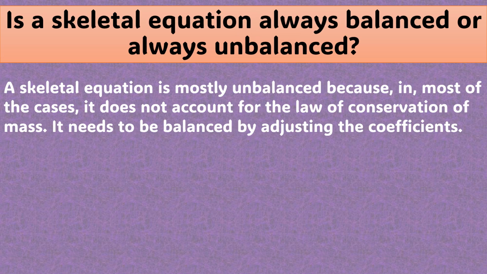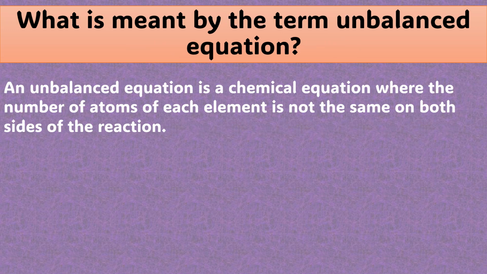Is a skeletal equation always balanced or always unbalanced? Answer. A skeletal equation is mostly unbalanced because, in most cases, it does not account for the law of conservation of mass. It needs to be balanced by adjusting the coefficients.